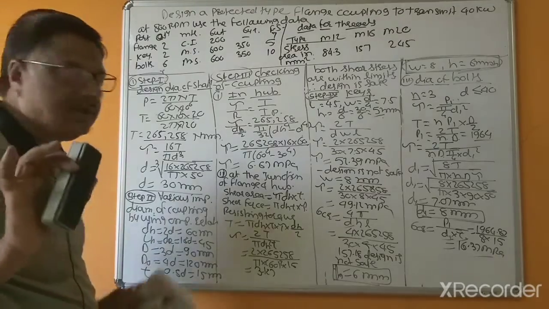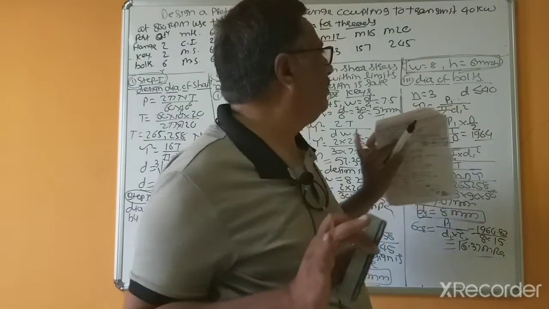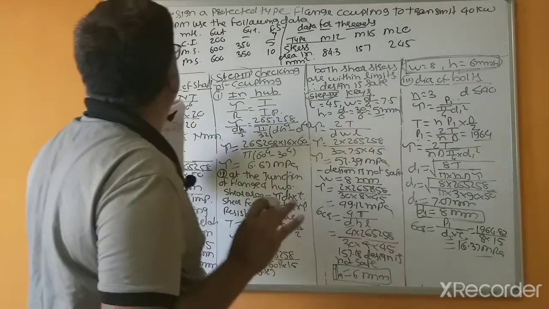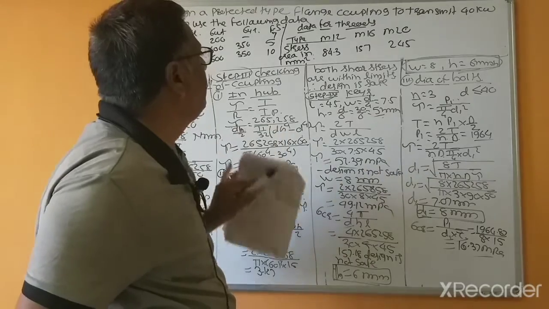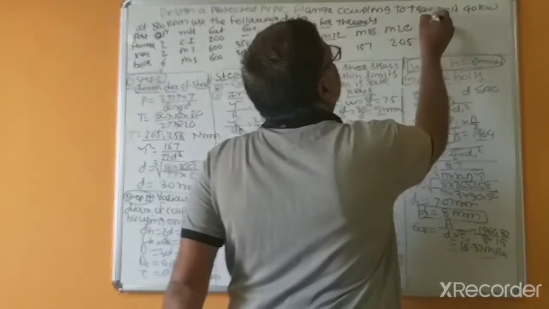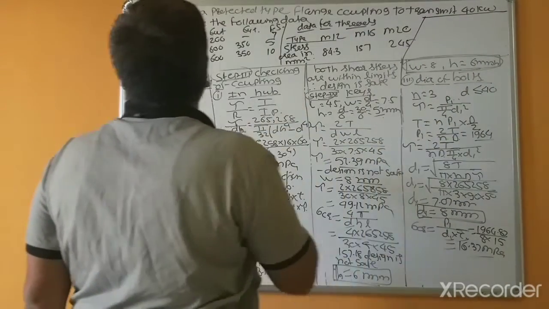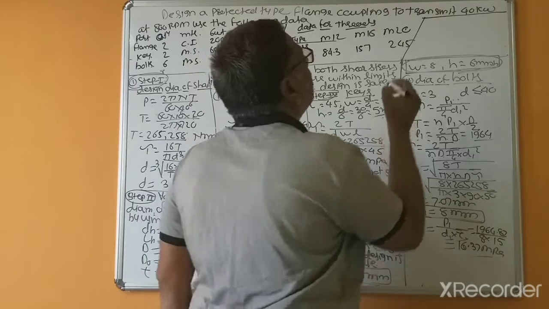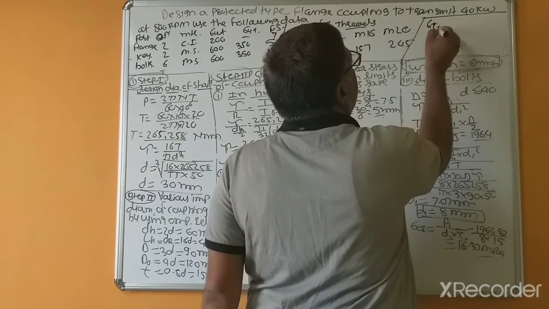Now, only I added here what is the design of the coupling. This is a prototype of the coupling, so I will write here: this is data for the shaft. Sigma T for the shaft.